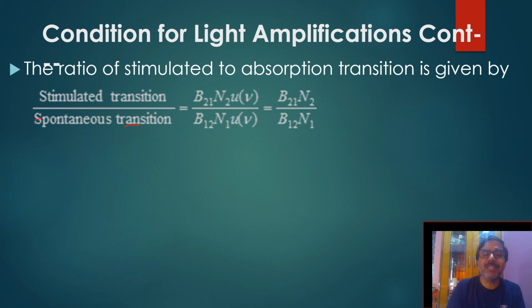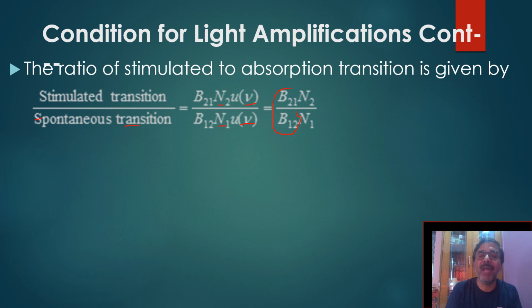Stimulated emission is directly proportional to the number of atoms and to the energy density, and absorption is directly proportional to the number of atoms and energy density. So naturally both the factors get cancelled. Here we are getting B21 upon N2 and here B12 upon N1, and we already know that Einstein proposed that B21 is equal to B12.